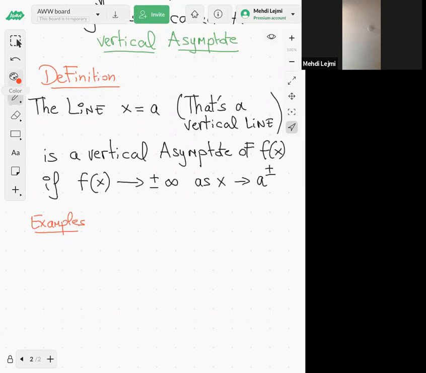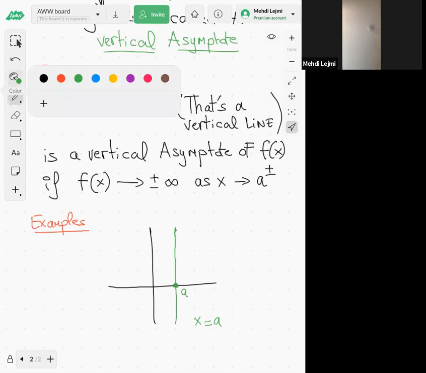So you have a graph. Let's say, here's my x equal to a. This is the line x equal to a. A is here, some number a. So my x is approaching a. This is, of course, the x-axis.